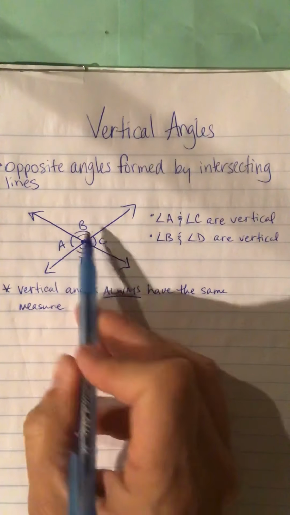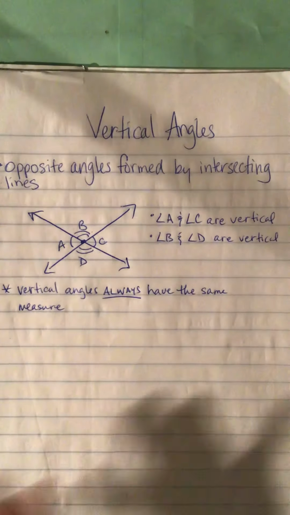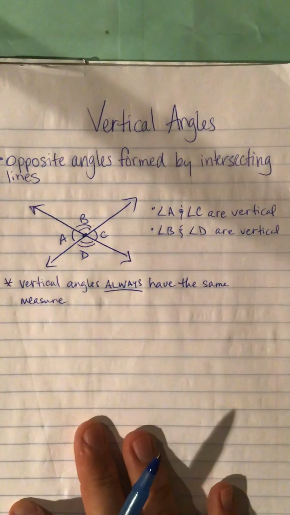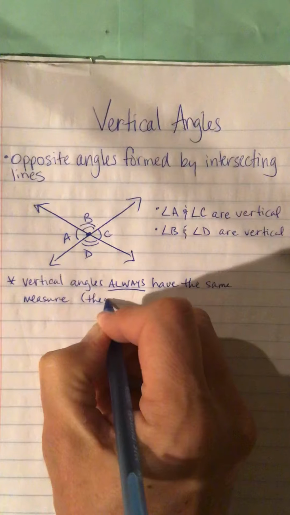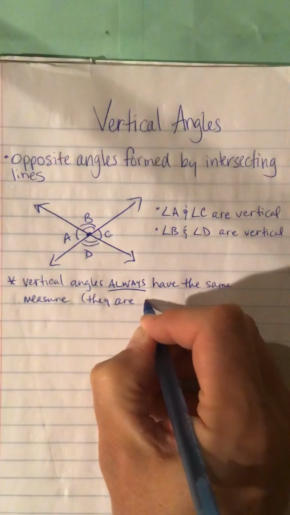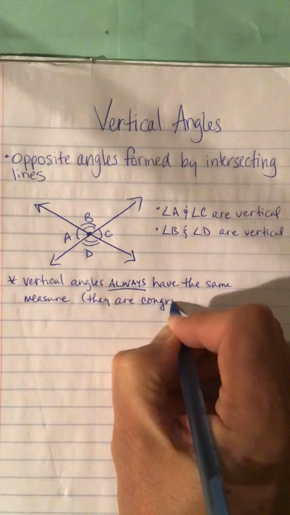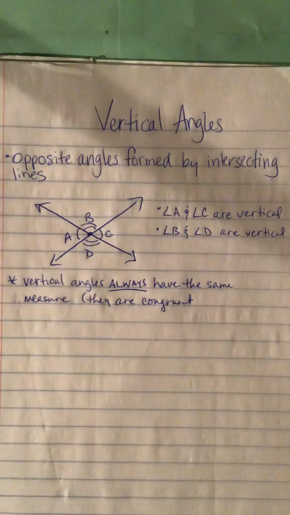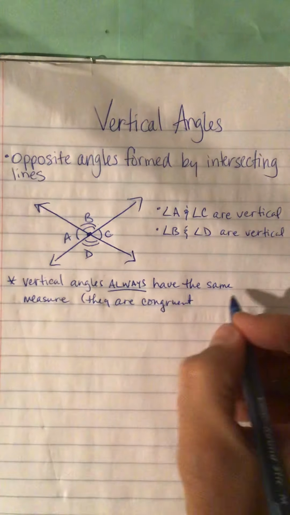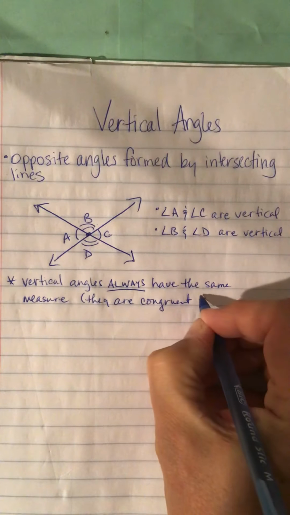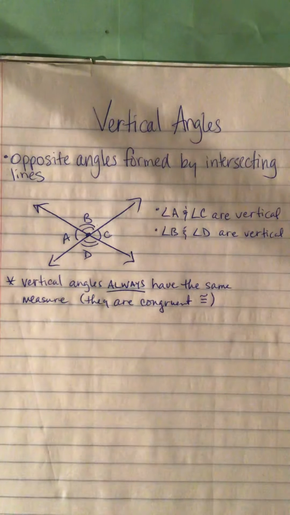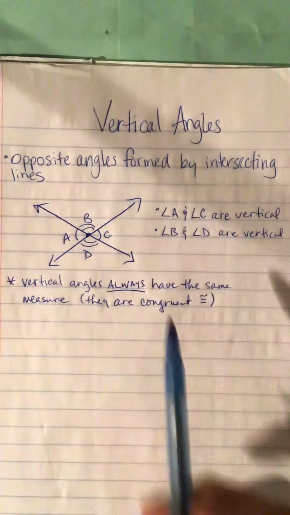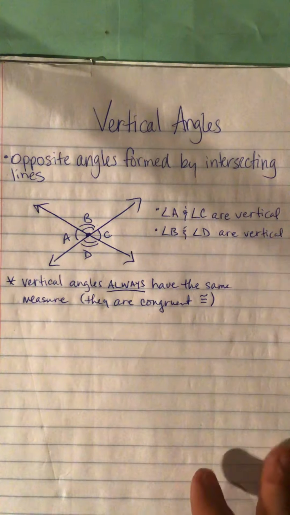Okay, vertical angles always have the same measure without any exceptions. They will always be the same. And what we say is that they are congruent. Congruent, a term you'll see a lot in geometry. They are congruent. And the symbol for congruence is an equal sign with a little squiggly above it. They are congruent. So vertical angles will always have the same measure and they are congruent.